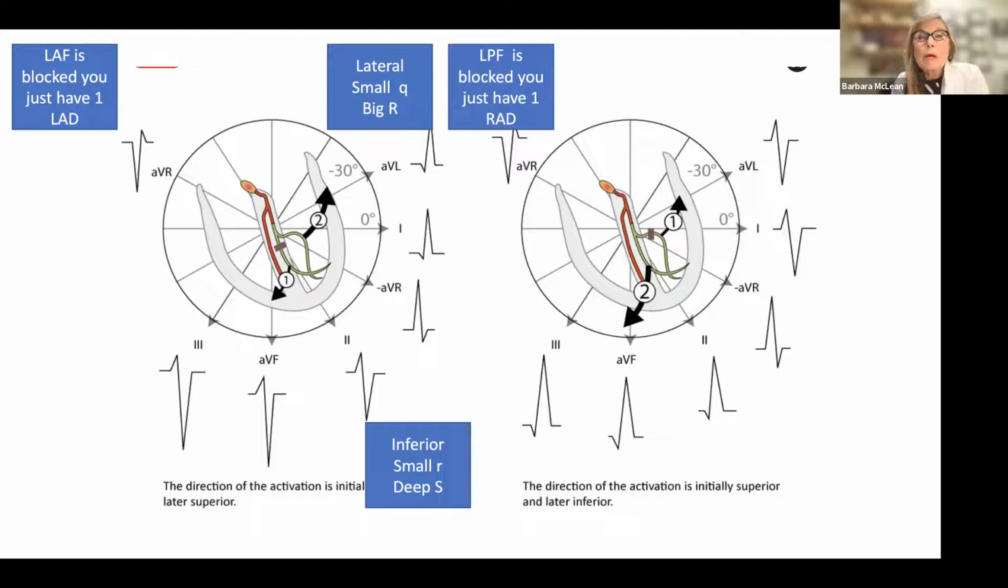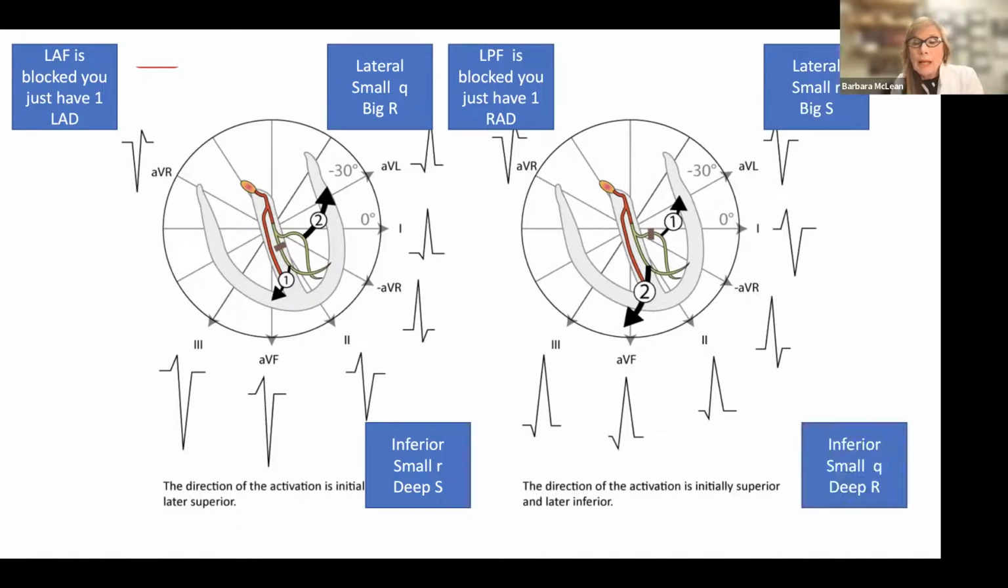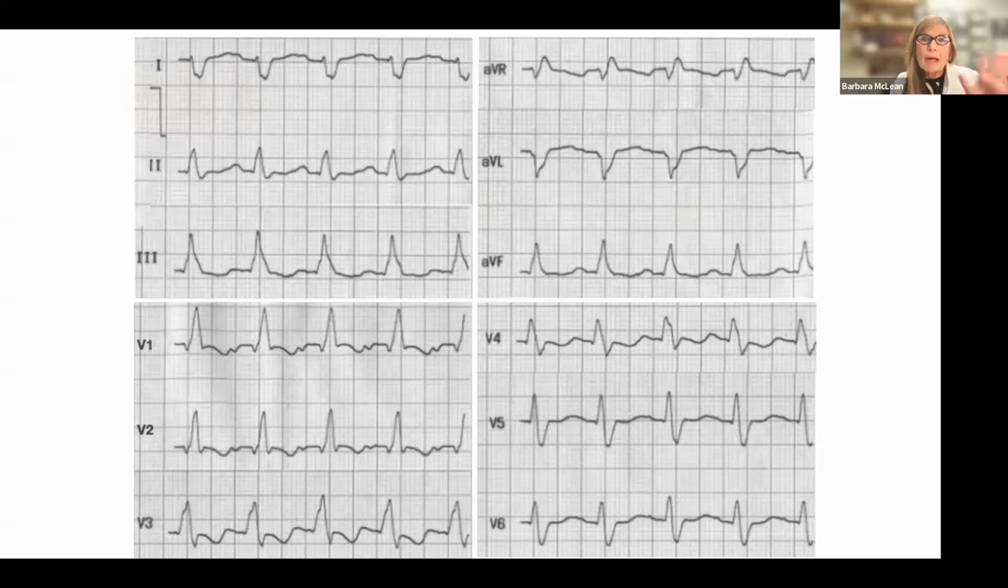With the left posterior blocked, you just have the anterior, and that's going to give you a right axis deviation: small R in 1 with a big S, and a small Q in AVF with a deep R. Now, this is a lot of information, but it's really important because we can see that we're looking at a patient that actually has both fascicular block as well as bundle branch block.